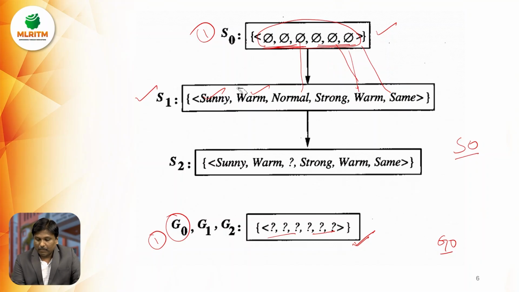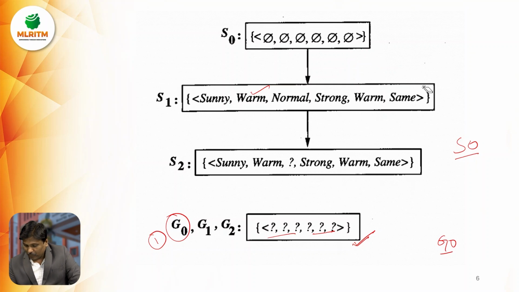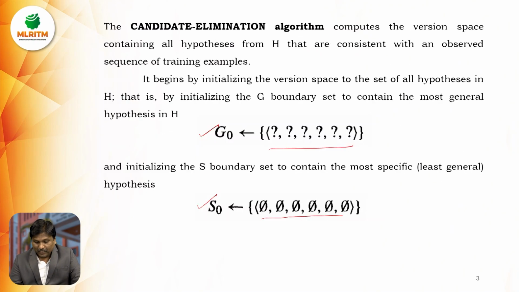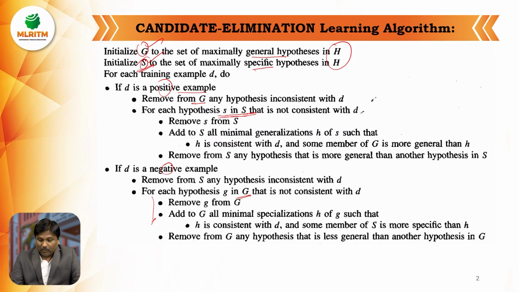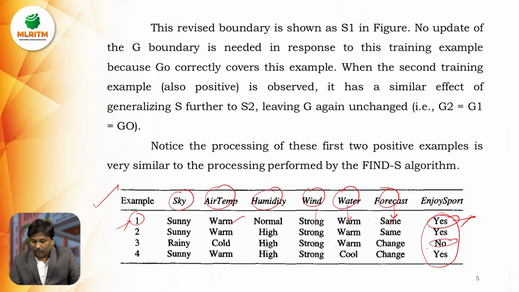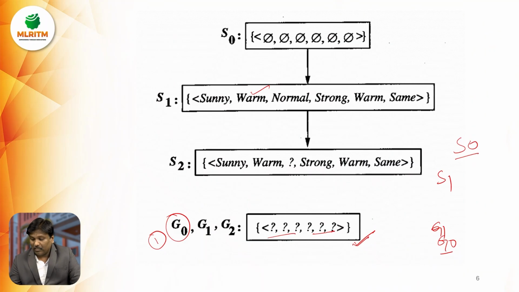Next, coming to G1. After noting down S1, how do we note down G1? As per the algorithm, whenever a positive example occurs, we note down the same G value, the general hypothesis.